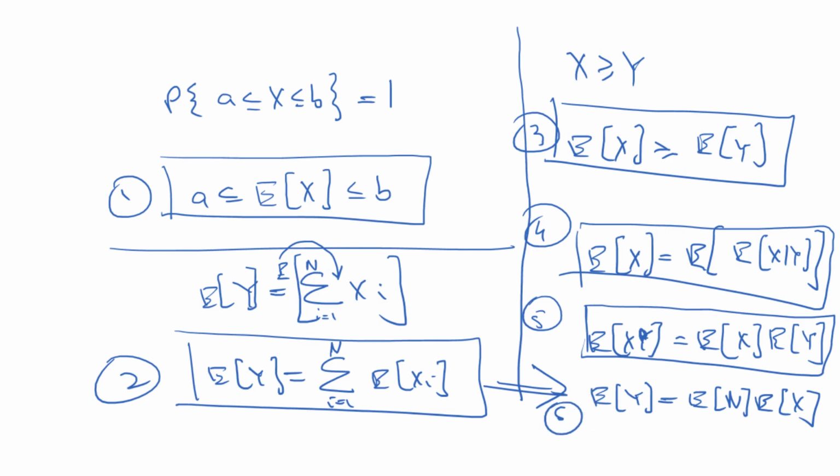There are some more properties which are related to the variance of a random variable. As you know, the variance is equal to the expected value of x minus x bar whole square.